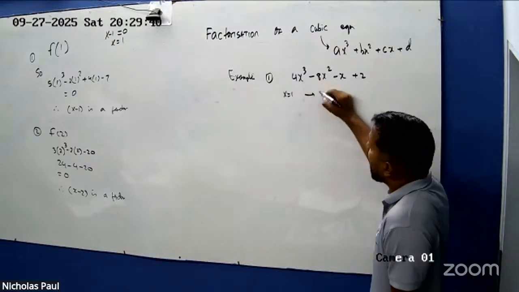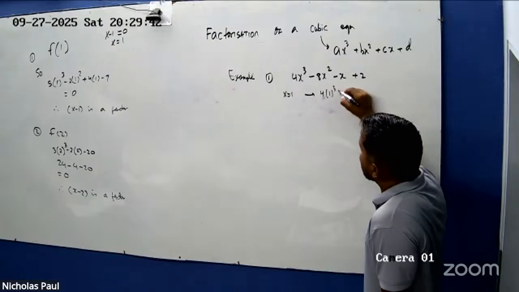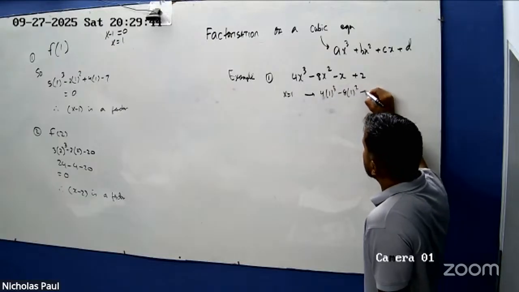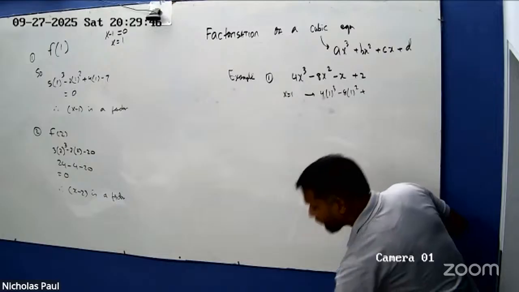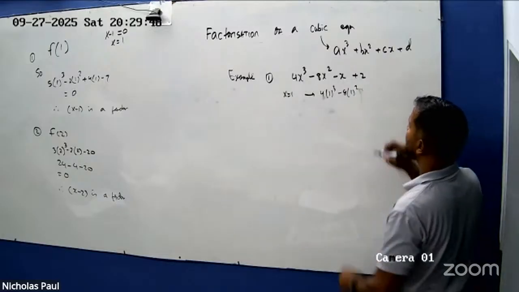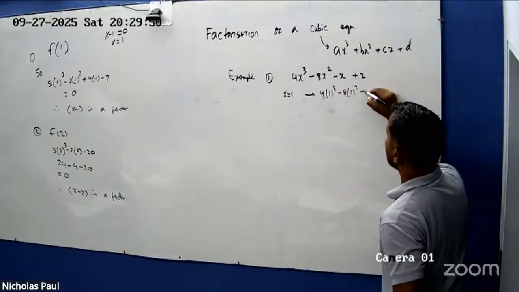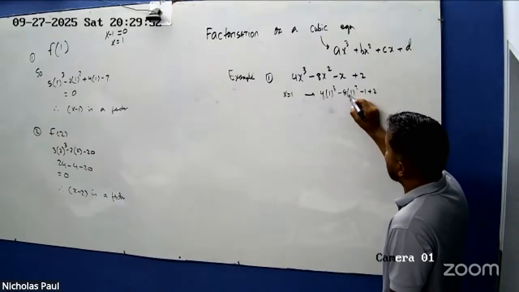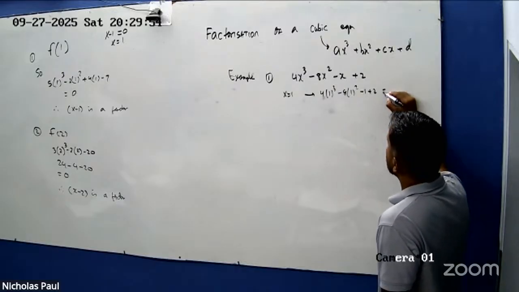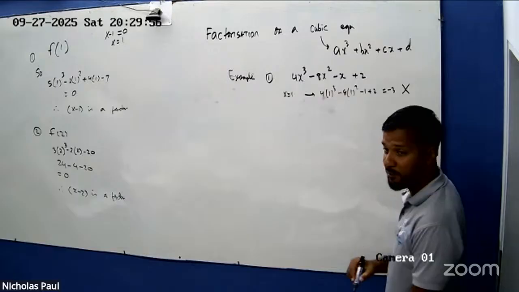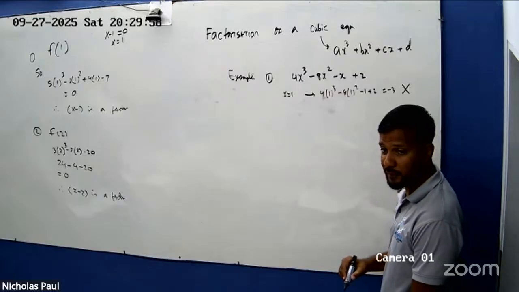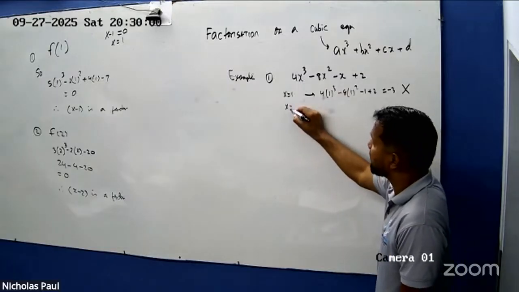So plug in 1, so that'll be 4 by 1 cubed minus 8 by 1 squared minus 1 plus 2. So this is minus 4, minus 5, minus 3. Now we're going with x is minus 1.